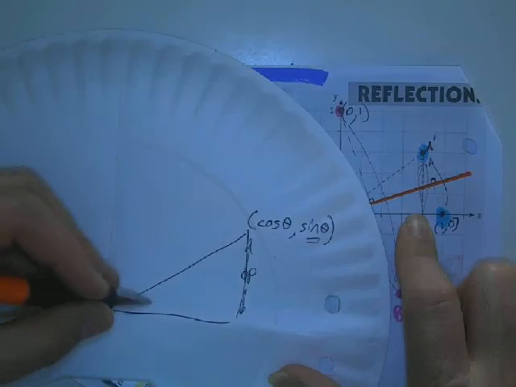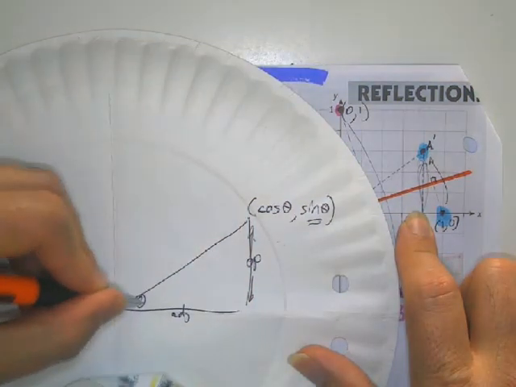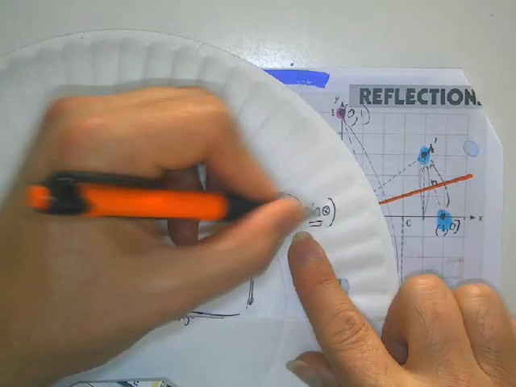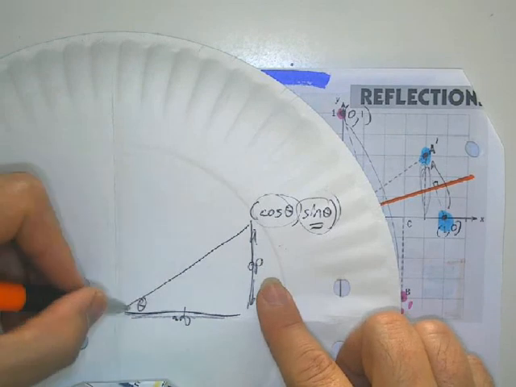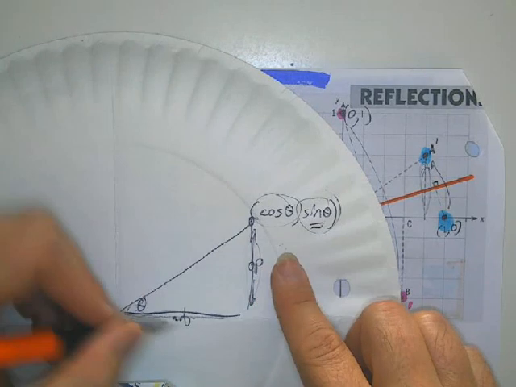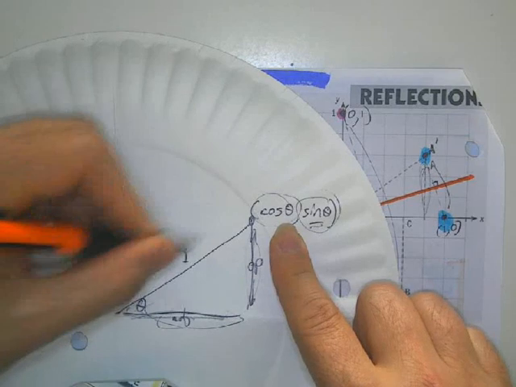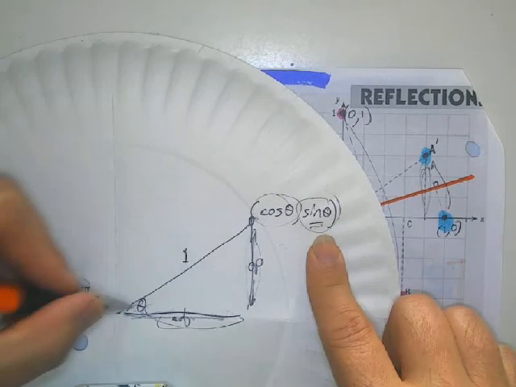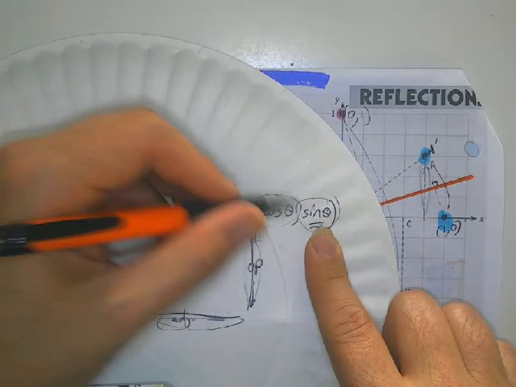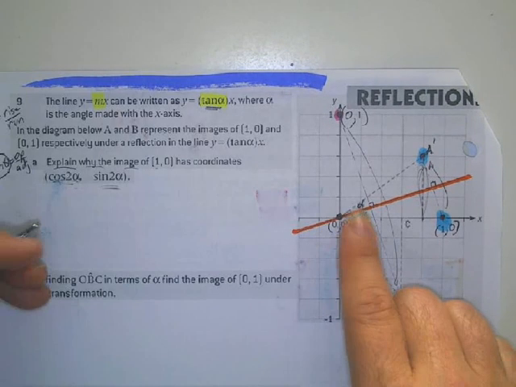And here, in this example, this is the adjacent side from an angle, and this here is going to be cosine theta. So just like in this example, I can represent this coordinate here as adjacent over hypotenuse, which is equal to cosine theta. And here, for the y value, we have opposite over the hypotenuse, which is sine theta. But instead of theta, in this example, it's 2 alpha.